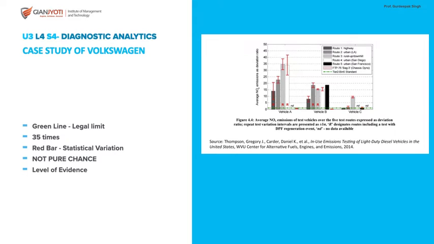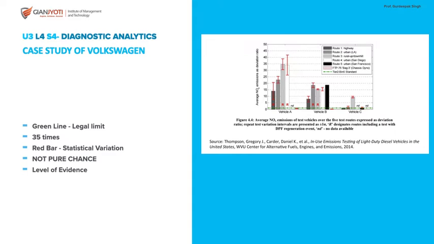So once they did that, they noted the emission levels, and then they ran their diagnostics, and this is the graph which came out. They had 3 vehicles, vehicle 1, vehicle 2 and vehicle 3.